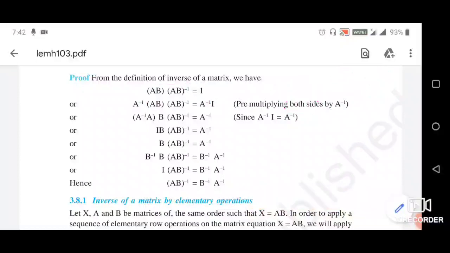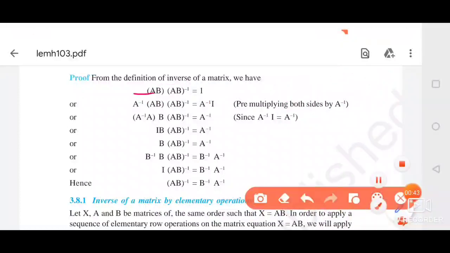So, we can write AB into AB whole inverse is equal to I.